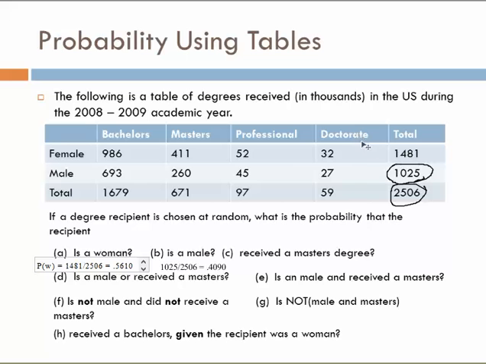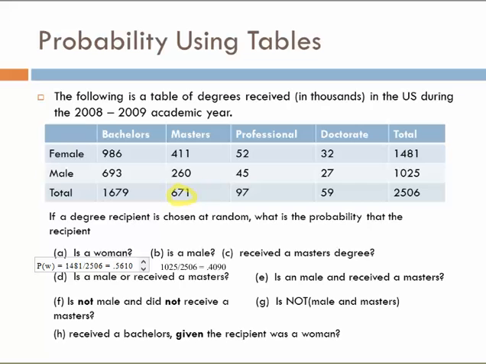Now we'll go to the next one. The probability that whoever we pick has received a master's degree. As we look at this, and sometimes your tables are going to have totals on them, sometimes they won't, we see that master's degree recipients are here. And the total master's recipient is right here.